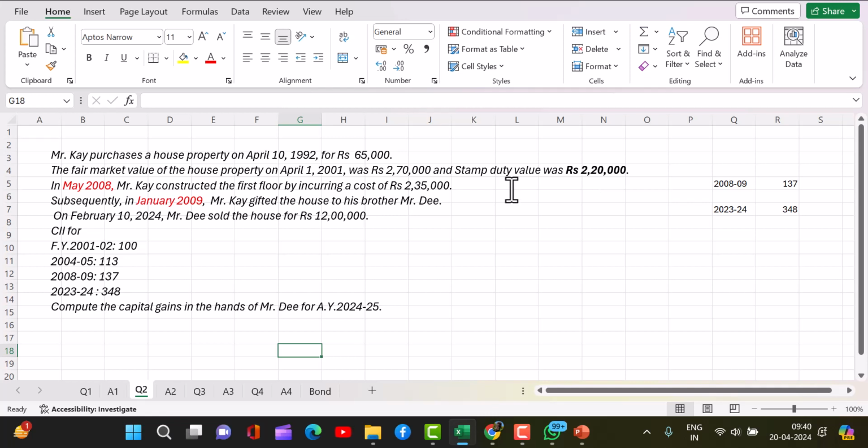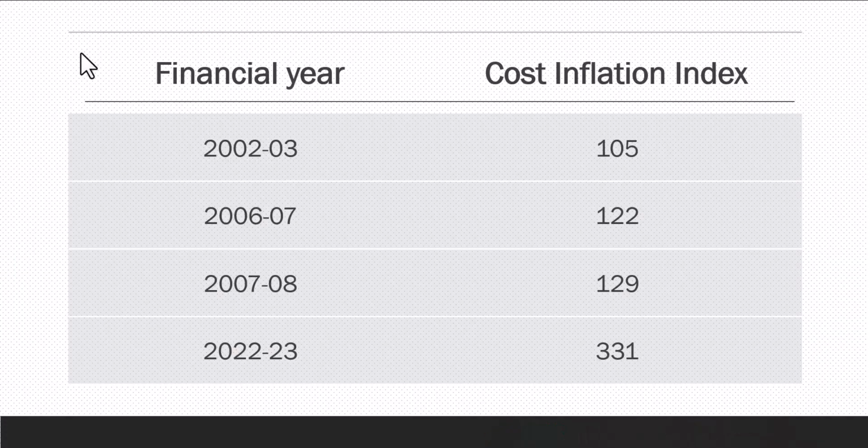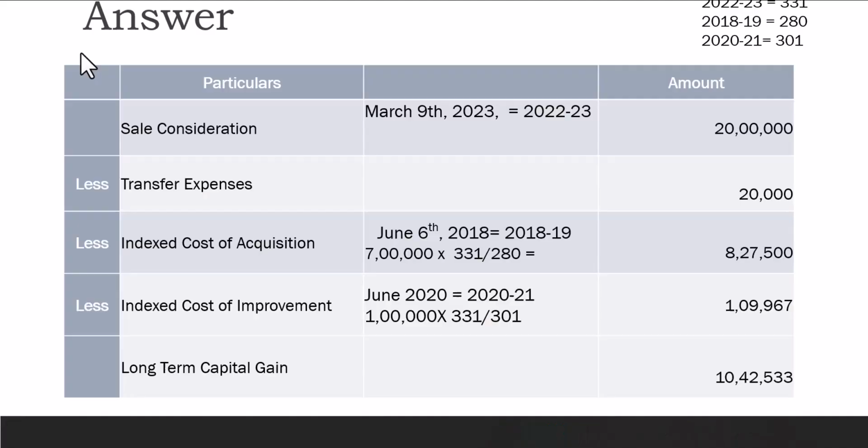If he takes 270, then indexation will make the cost of the property higher and the tax lower. So we have to adopt the stamp duty value, because the law says that it is the stamp duty value which has to be taken. If we read through this, you'll understand that. Last time also we have done that.